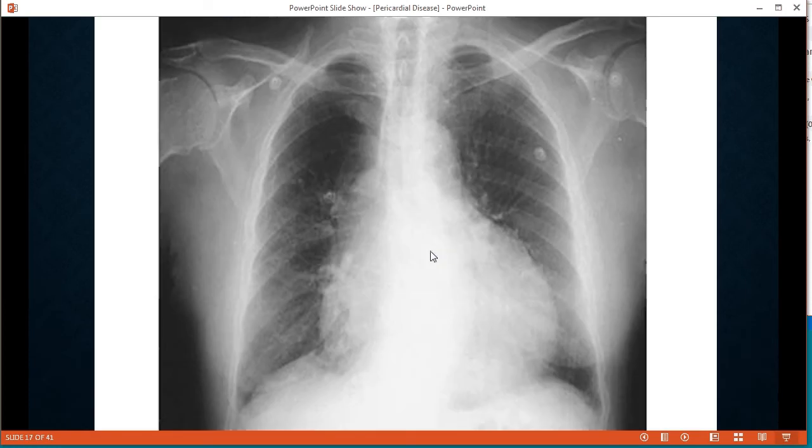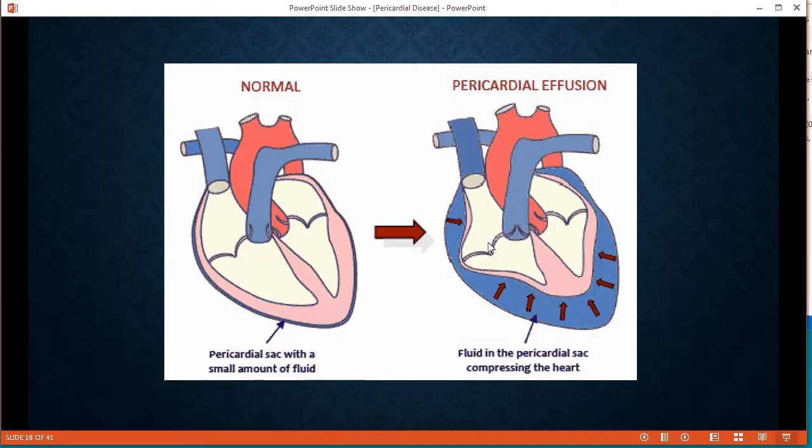Again, another evidence of it, the water bottle kind of looks tilted towards the left a little bit, but what you see here is, again, that water bottle where you have the fluid that builds up and is more dependent with gravity.